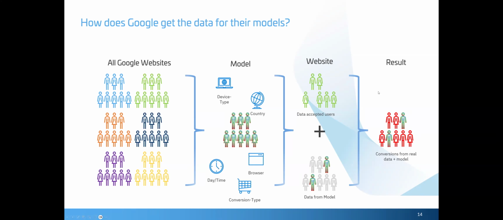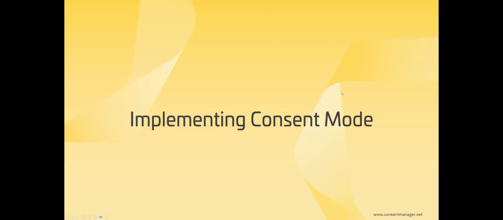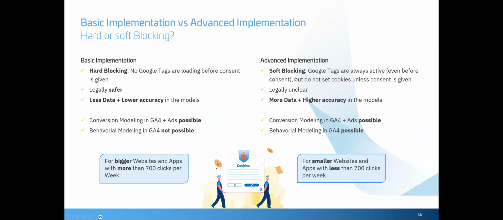So then how do we implement this stuff? As I mentioned before, there is hard blocking and soft blocking. Google calls this the basic implementation and the advanced implementation. The basic implementation is this hard blocking. So Google tags in the website will not be fired before consent is given.